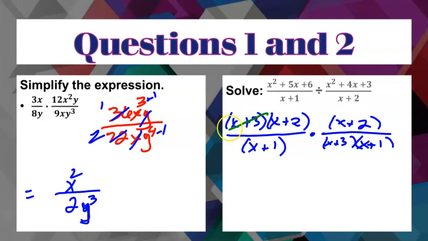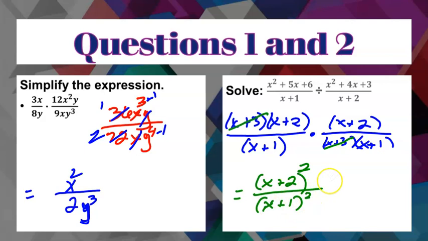I have an x plus 3 here that divides out with this x plus 3. Nothing else is in common, so my final answer would be x plus 2, and since I have 2 of them, I can rewrite it as x plus 2 squared. In the denominator, I have x plus 1, and since I have 2 of those, I can put that as x plus 1 squared.